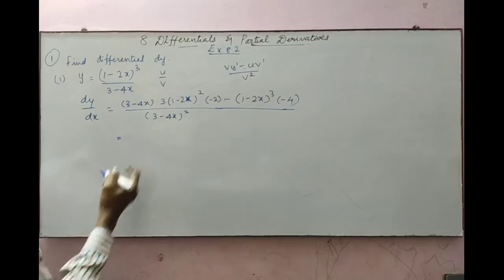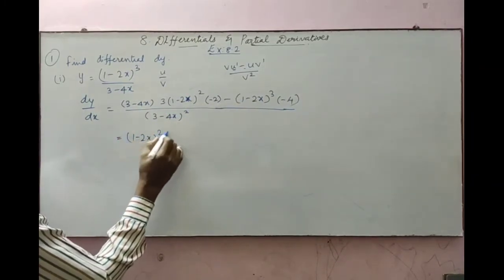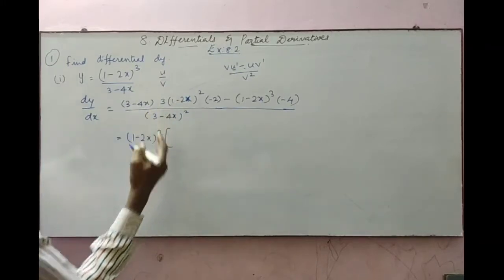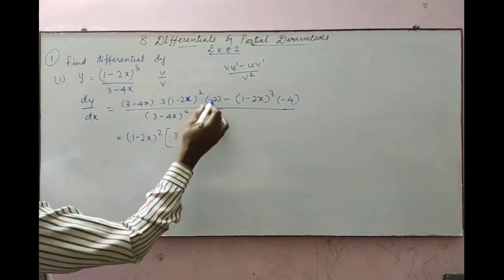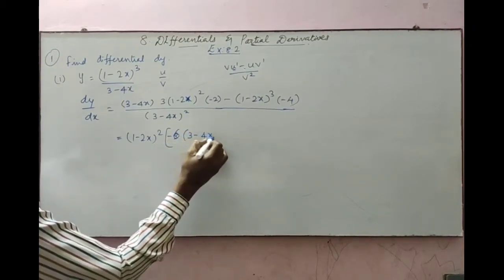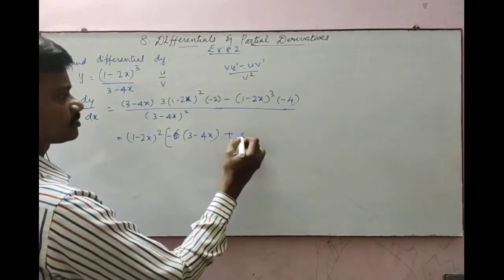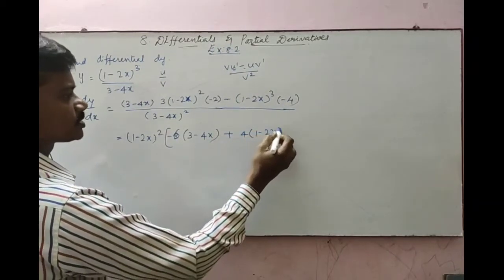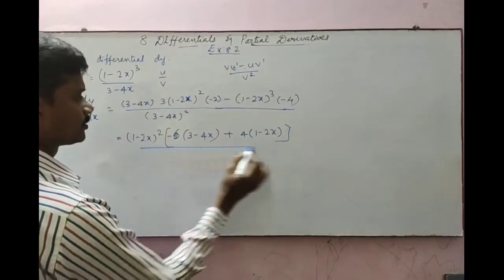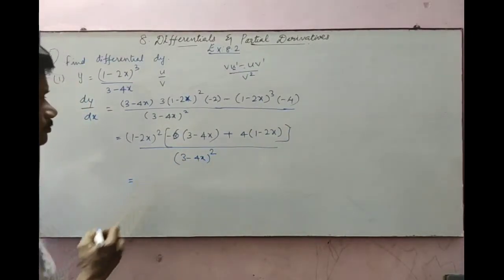Now I am going to simplify this. In these two terms, (1 minus 2x) whole square is the common term. The remaining term in this first one is 3 into minus 2, that is minus 6 times (3 minus 4x), minus into minus plus here 4 into (1 minus 2x), whole divided by (3 minus 4x) whole square.